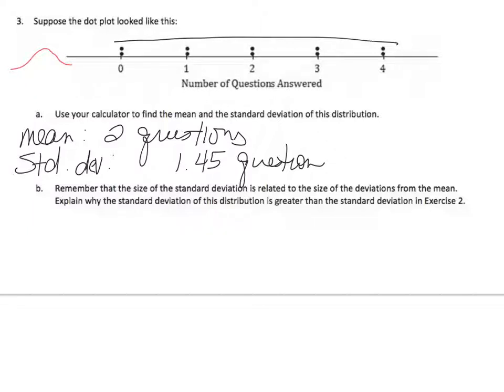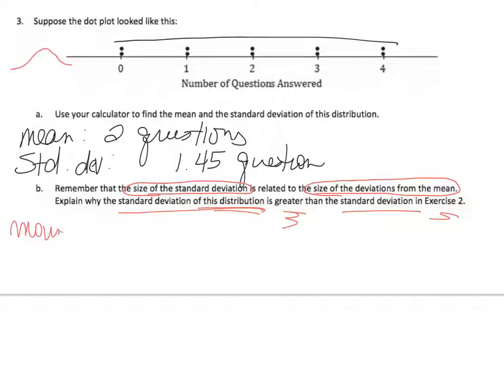Remember that the size of the standard deviation is related to the size of the deviations from the mean. Explain why the standard deviation of this distribution is greater than the standard deviation in exercise 2. I just sort of did. Let's see.